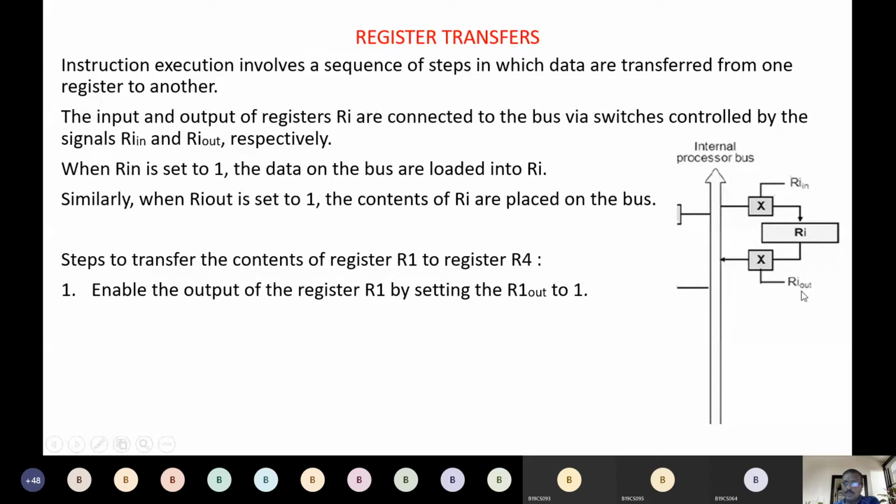R1 out needs to be set to 1 so that data from register R1 can flow to the internal processor bus, and then it can go to R4. But to receive data from the bus, what needs to be enabled at R4? Can anybody guess what signal needs to be made 1 to receive data from the bus into R4? Is it R4 in or R4 out? Yes, someone.